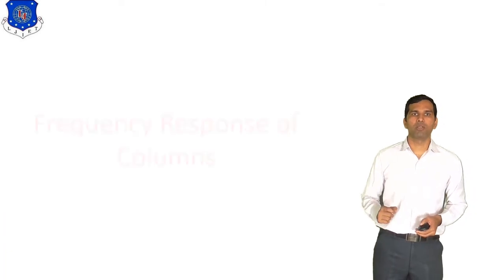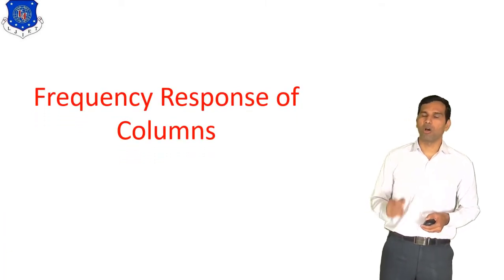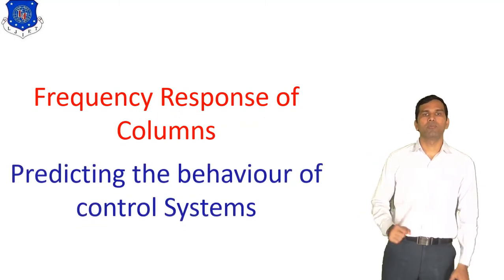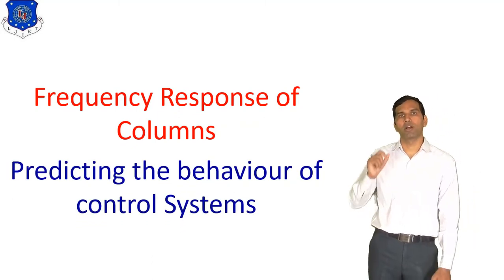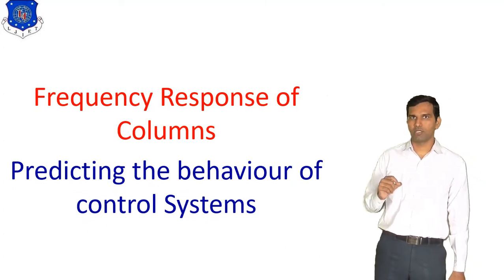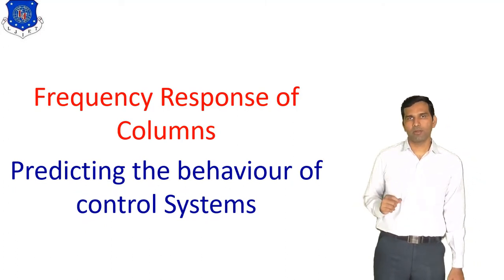So in this lecture we discussed the frequency response of the column, and then we discussed predicting the behavior of the control system. As per GTU, this is a very important chapter.